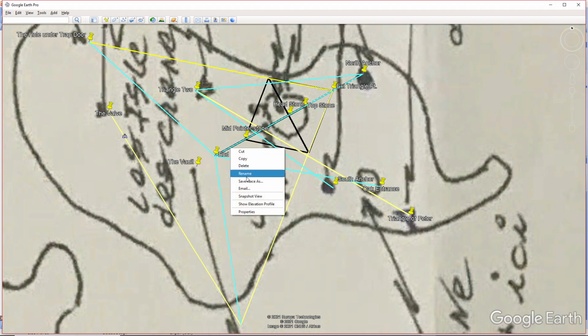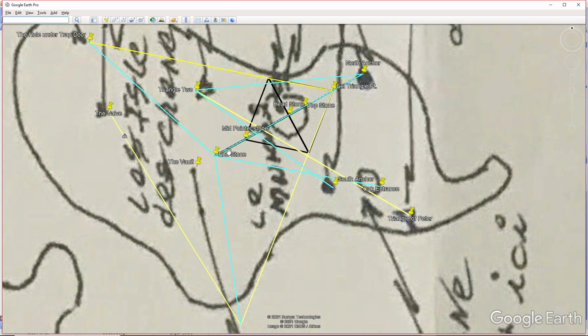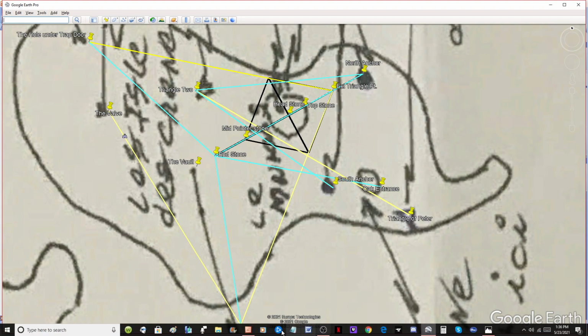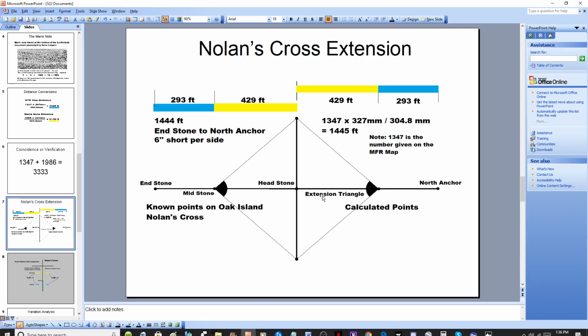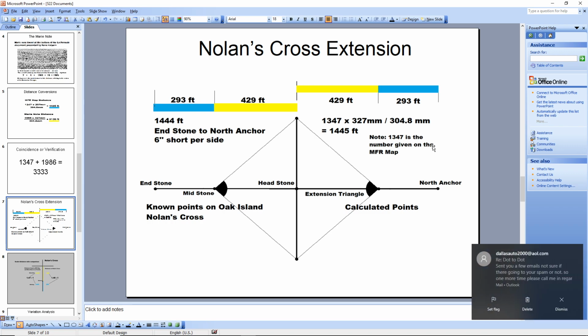Oh, you want me to show it? Probably is, let's see, 1,445 feet. That's what I have it measured. So this distance here, Nolans cross from the end stone to the north anchor, is the same as 1,347 converted from pre-1668 French units to today's modern units.